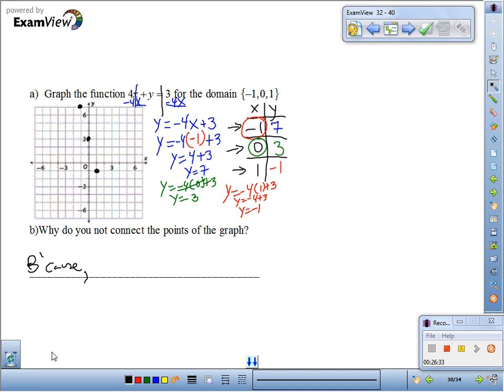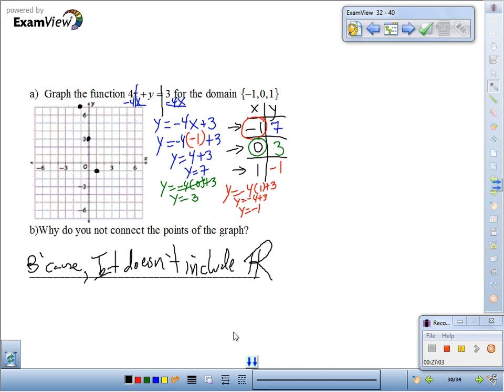Help her out, please. Garrett. Why not? Because it doesn't include, let's just write this, all real numbers. For what? For the domain.